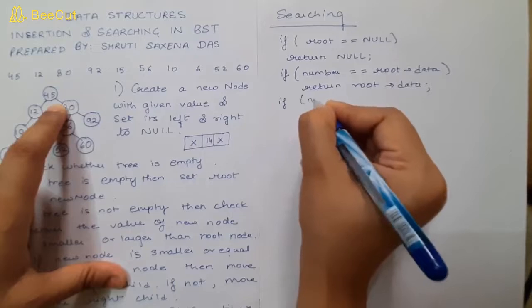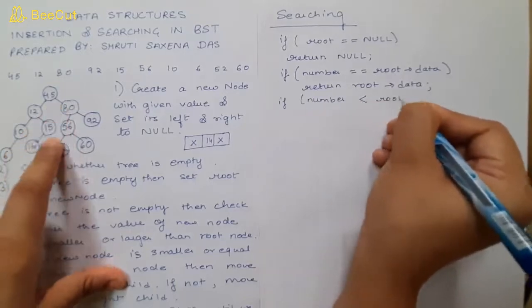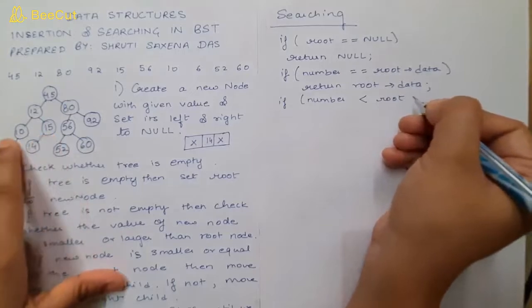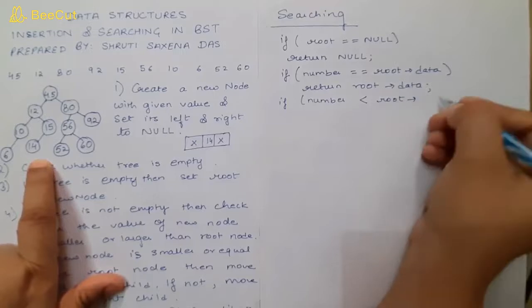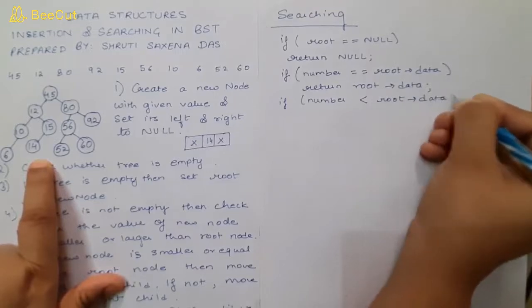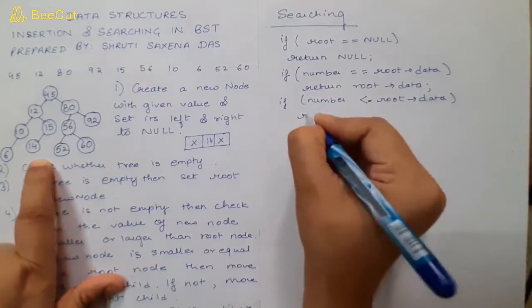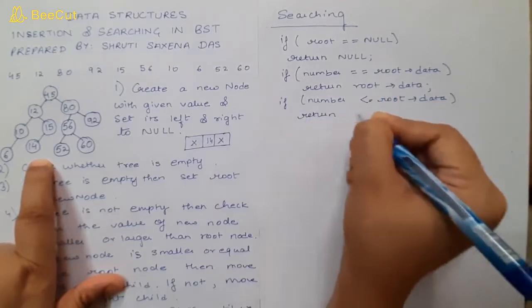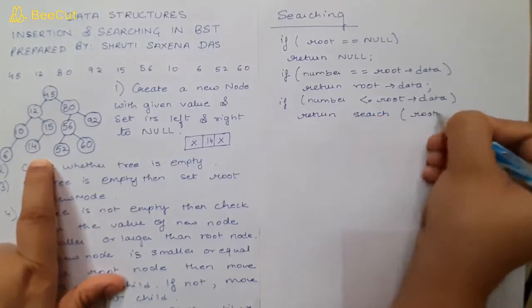If number is less than root data, if suppose we are searching for 15 or 10 or 14, so if the number which we are searching is less than or equal to root data, then return search of root left.